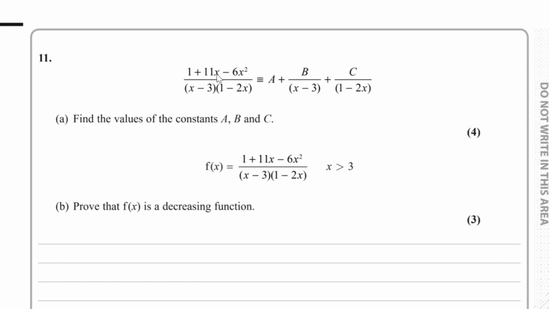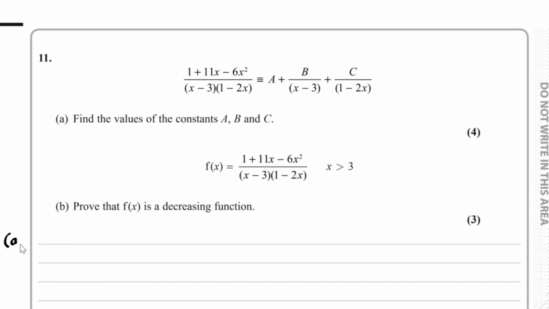Question number 11, we've got 1 plus 11x subtract 6x squared over x minus 3 times 1 minus 2x being equivalent to a plus b over x minus 3 plus c over 1 minus 2x. We have to find the values of the constants a, b and c.